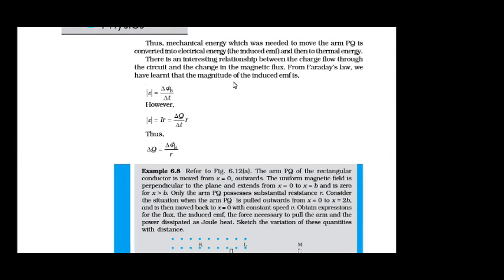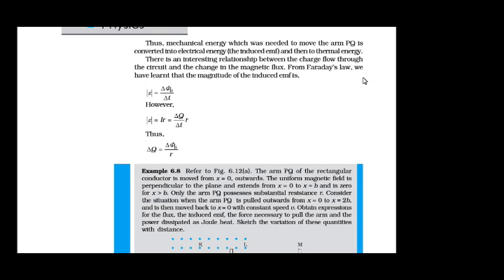Thus, mechanical energy which was needed to move the arm PQ is converted into electrical energy, the induced EMF, and then thermal energy. This is an interesting relationship between the charge flow through the circuit and the change in magnetic flux.